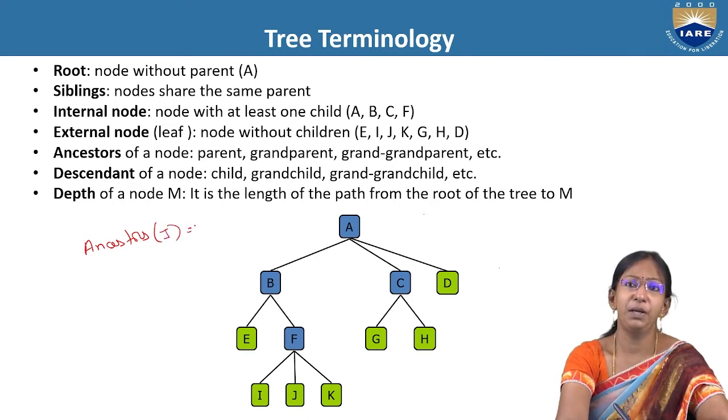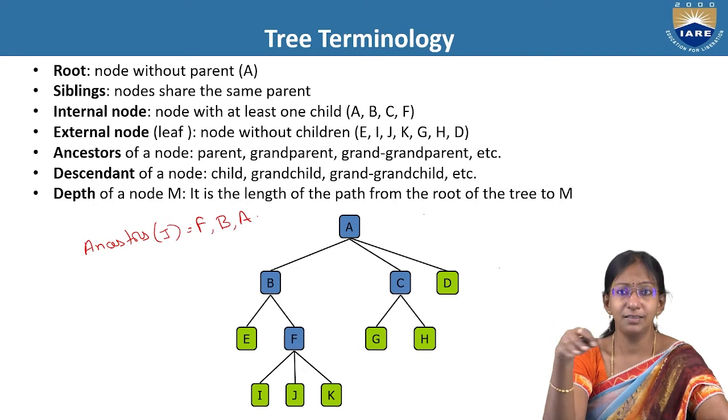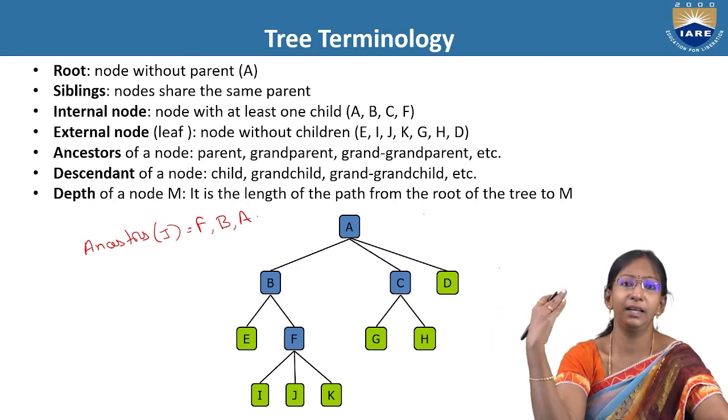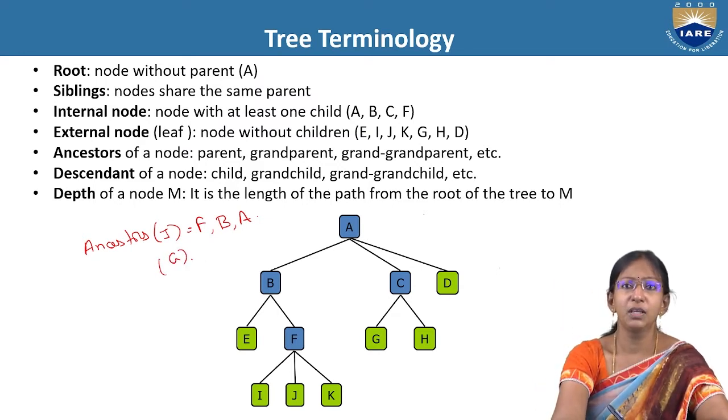The parent of J is F, grandparent is B, grandparent is A. So, ancestors of J are F, B, and A. Just go to the root, that's it. Okay, for example, ancestors of G. So, ancestors of G will be C and A, right?